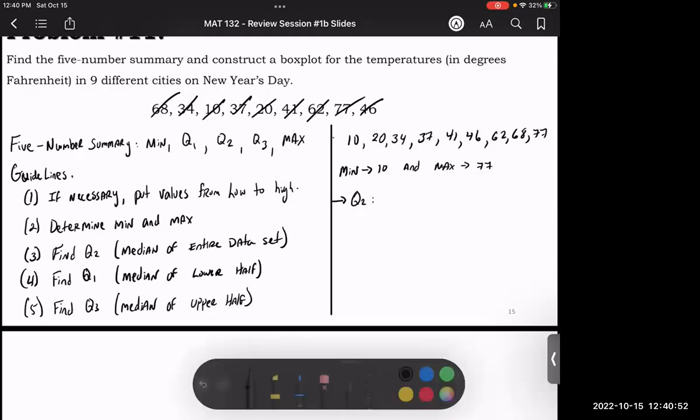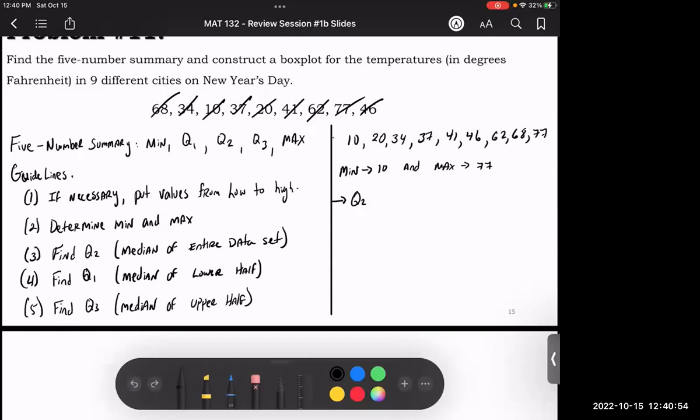So Q2 is equal to the middle value. And what is our middle value? 41. So I'm just going to circle it. 41 is our Q2, 10 is the min, and 77 is the max.